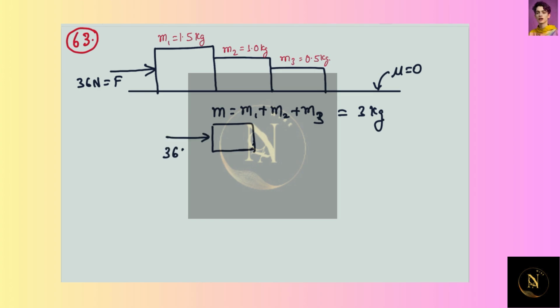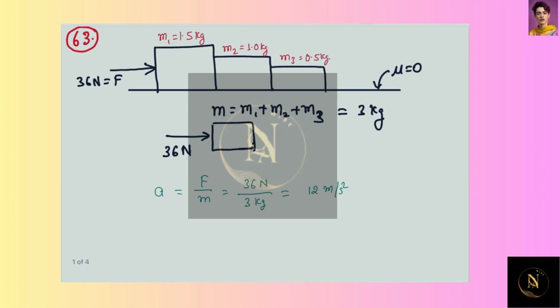On a 3 kg block, if a 36 Newton force is applied, the acceleration will be equal to force divided by mass. Total force is 36 Newton and total mass is 3 kg. Therefore, the net acceleration of each block will be 12 meter per second square.